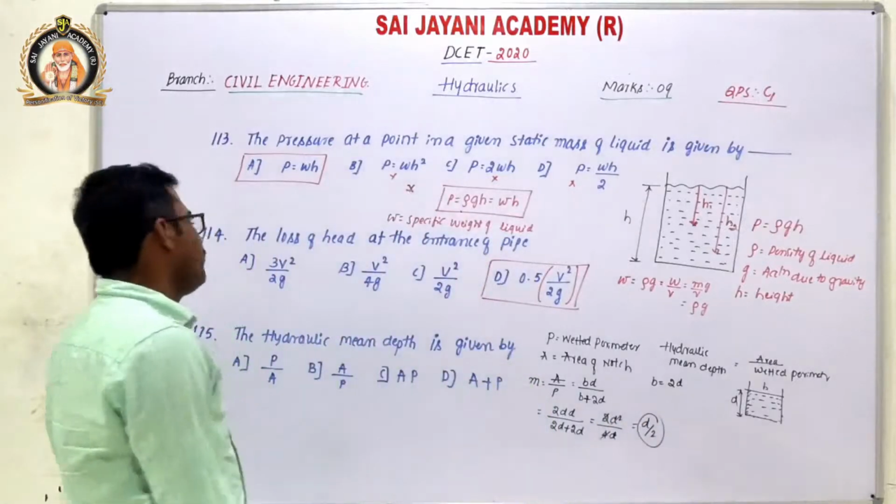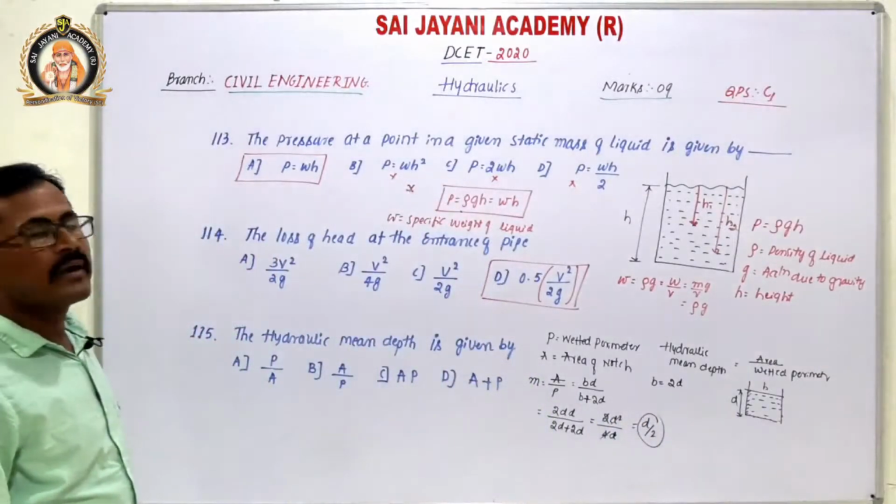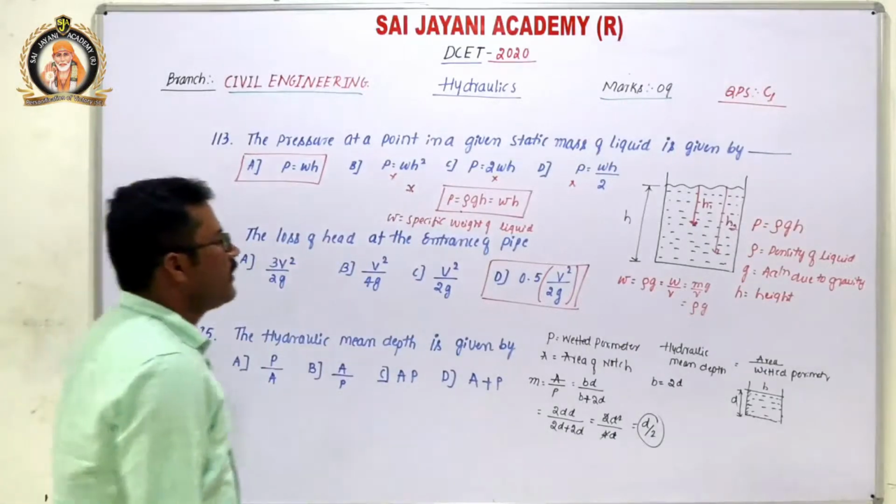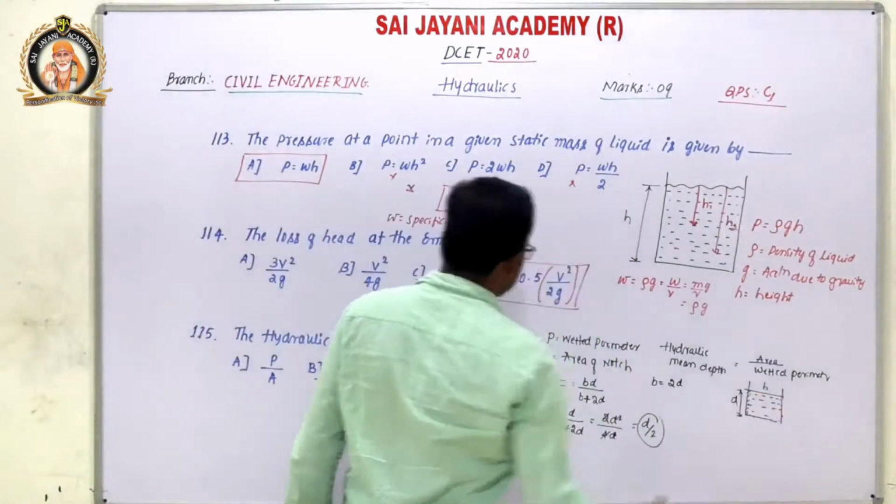So the hydraulic mean depth for most economical rectangular channel is D by 2, which means depth divided by 2.